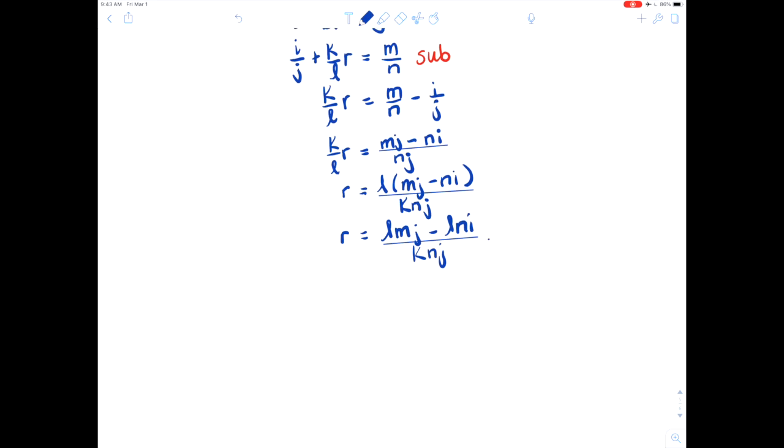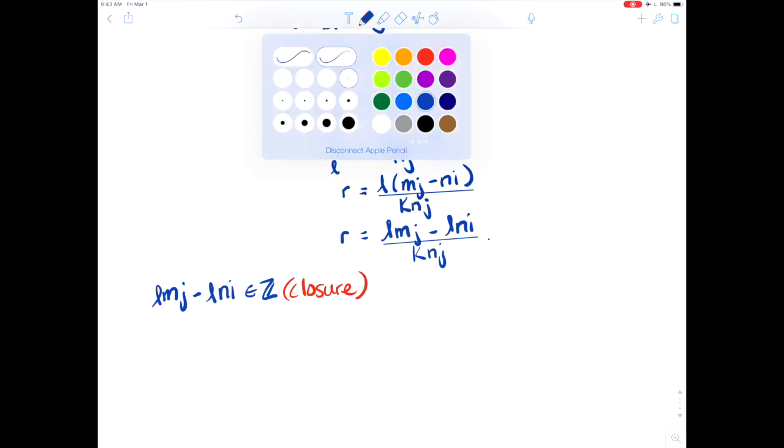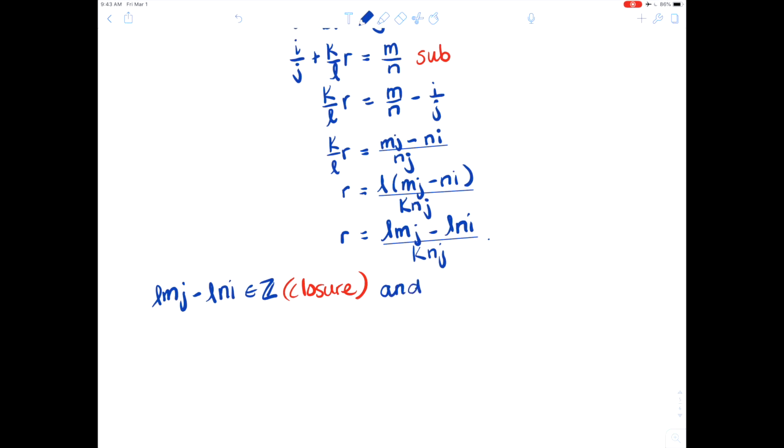And then what do you think we need to show? Good, we need to show that L times M times J minus L times N times I belongs to the integers. That is by closure. And K times N times J belongs to the integers, and actually we'll do it separately.